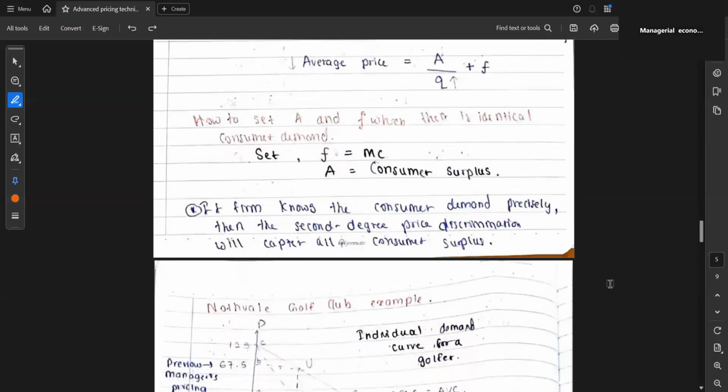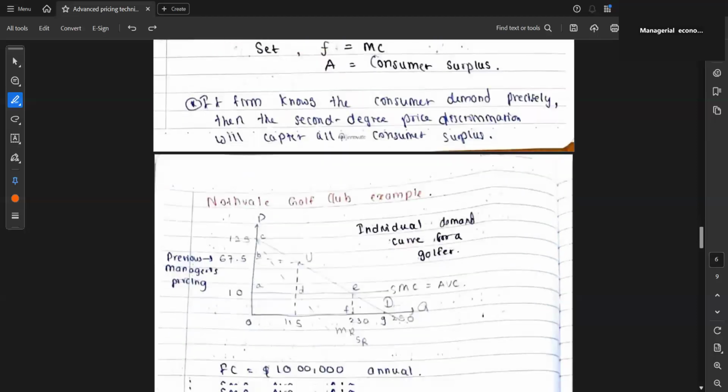So it's easy to set the access fee and the constant usage fee if there is identical consumer demand. So if the firm knows the consumer demand precisely, then the secondary price discrimination will capture all the consumer surplus.